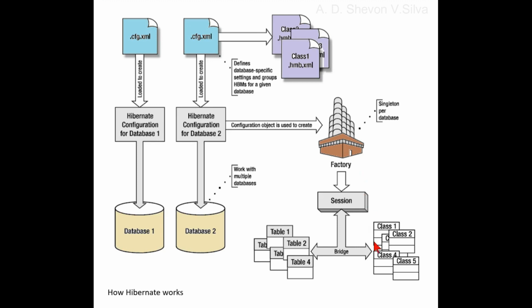Hibernate object mappings. Hibernate specifies how each object state is retrieved and stored in a database via an XML configuration file. Hibernate mappings are loaded at startup and are cached in the session factory.